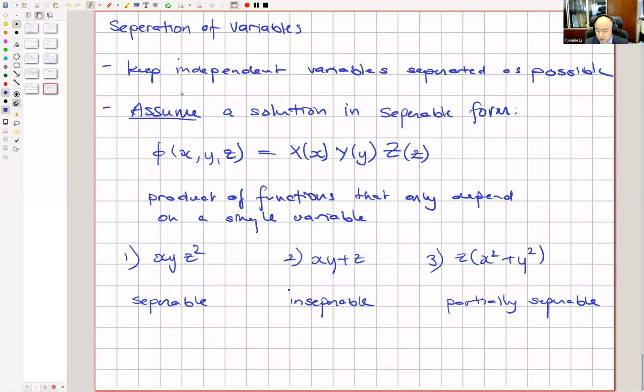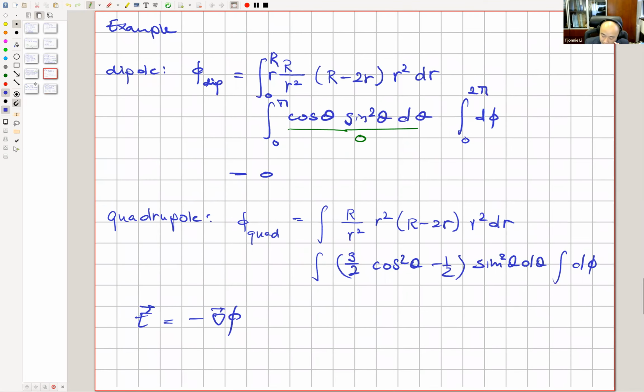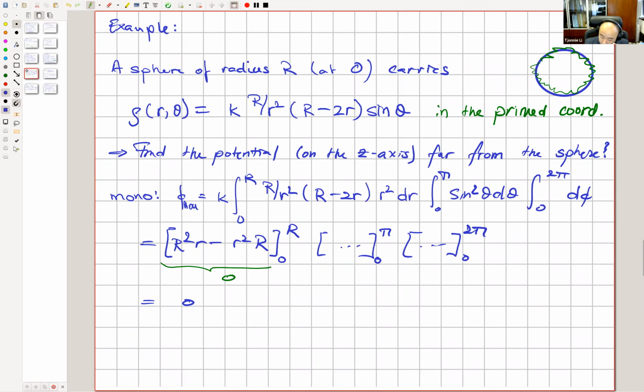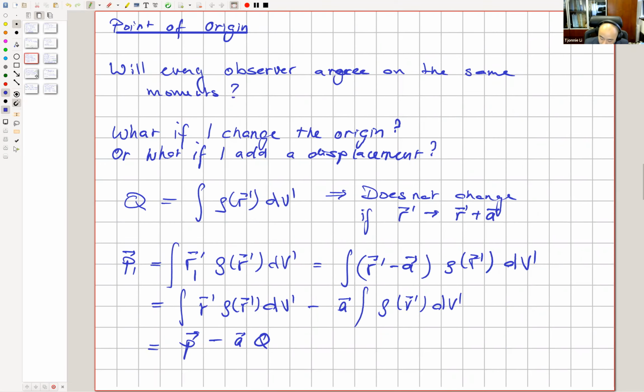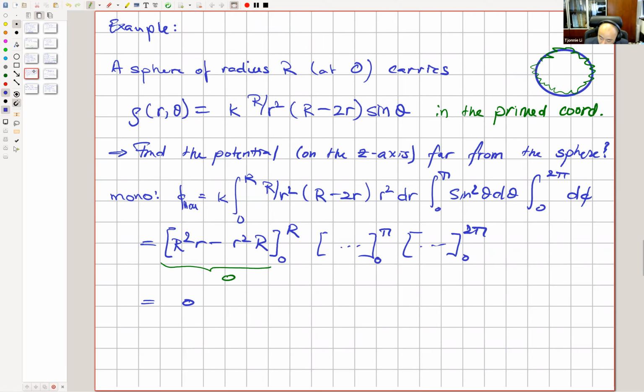If I have some odd function where all these different variables are mixing up, like something like this, this is still separable, even though it looks very clunky.